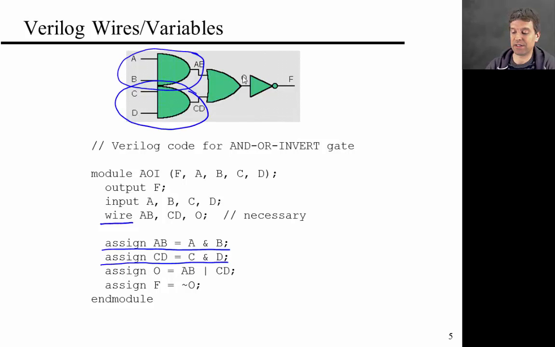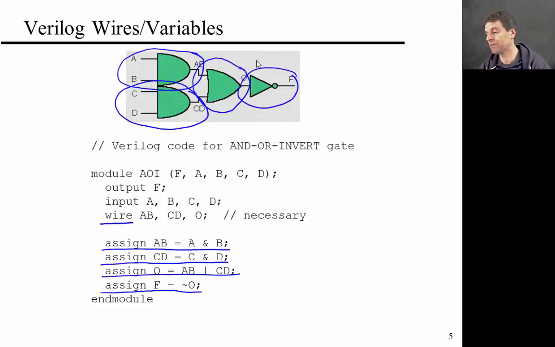Then I'm assigning this intermediate wire O to AB or CD, so that's this. And then finally F is just the inverse of O. That was the previous one, and now F is not O, is here, right?